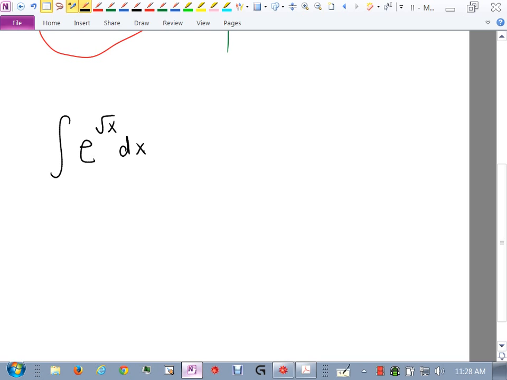Now, the only reasonable substitution that I can make here would be the root x, right? It wouldn't make a whole lot of sense to make it e to the square root of x, because that's basically what we did with integration by parts. We let the whole thing be u, right? And we don't want to ever let our basic substitution just be x.